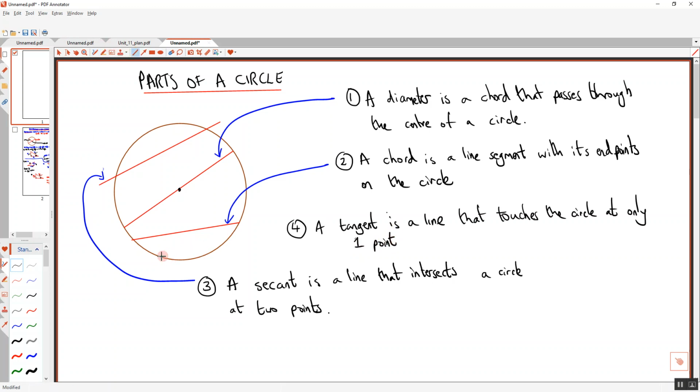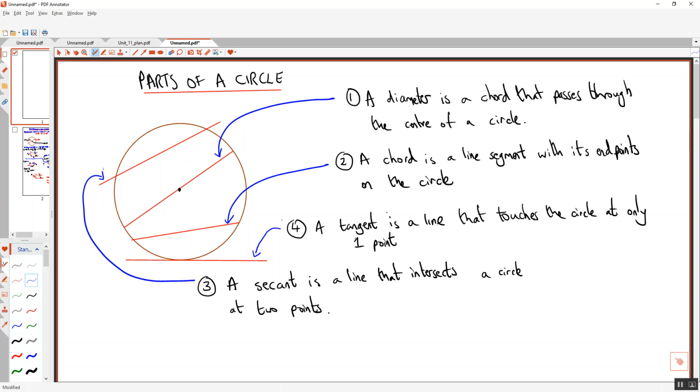So what do I mean by only 1 point? It touches like that at exactly 1 point, okay? So a tangent will always lie kind of outside the circle.